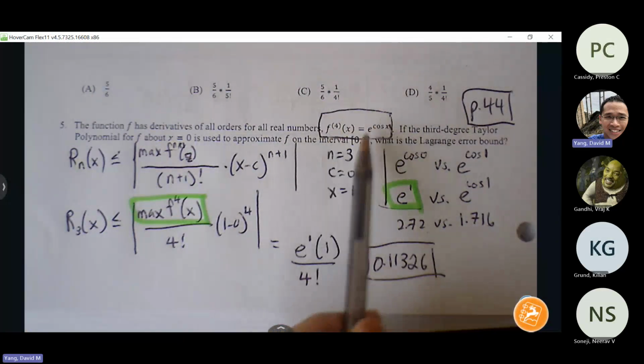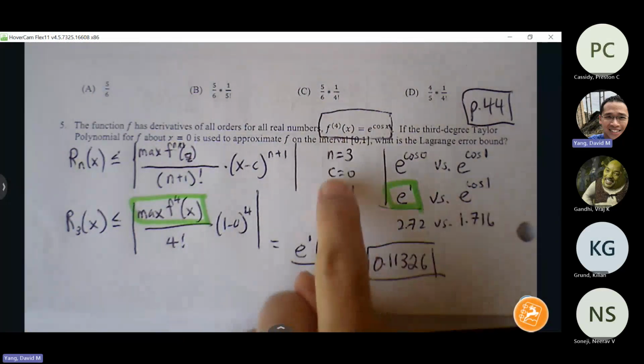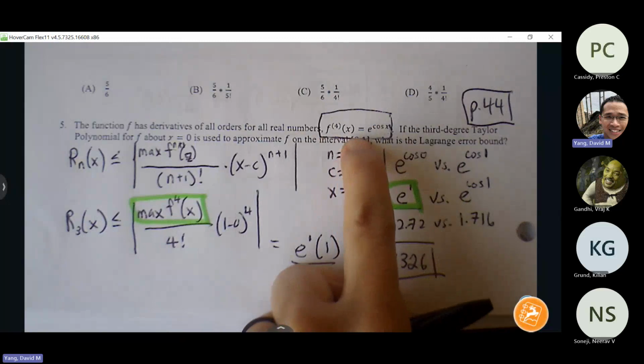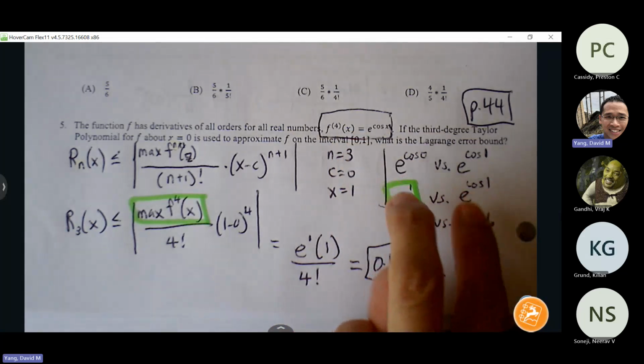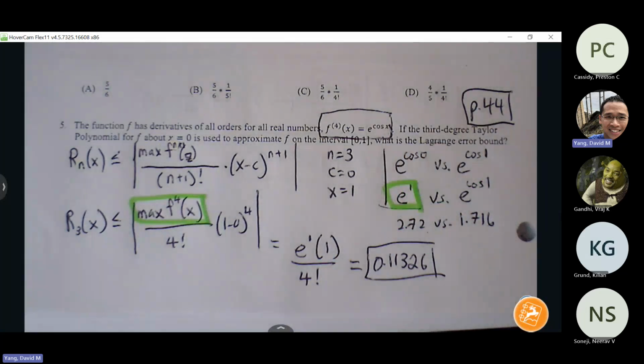Now, sometimes Lagrange error bound has very explicit definitions for how to get the max value. So there are times when you don't even have to worry about testing between x and c. Sometimes they tell you exactly what that relationship is.